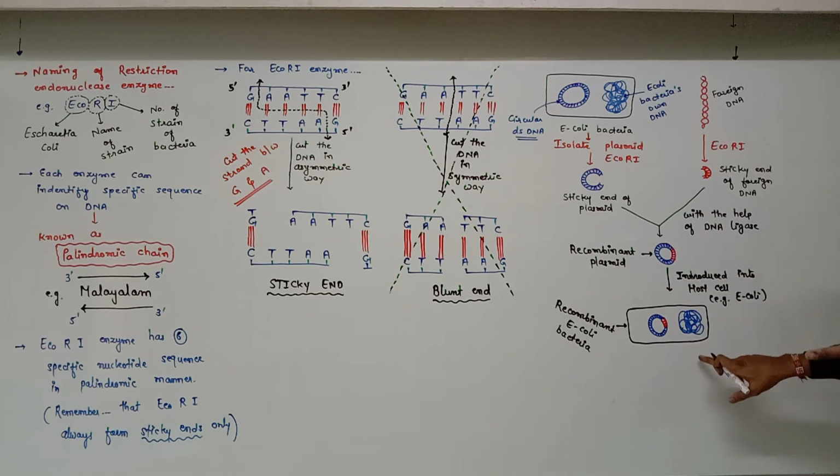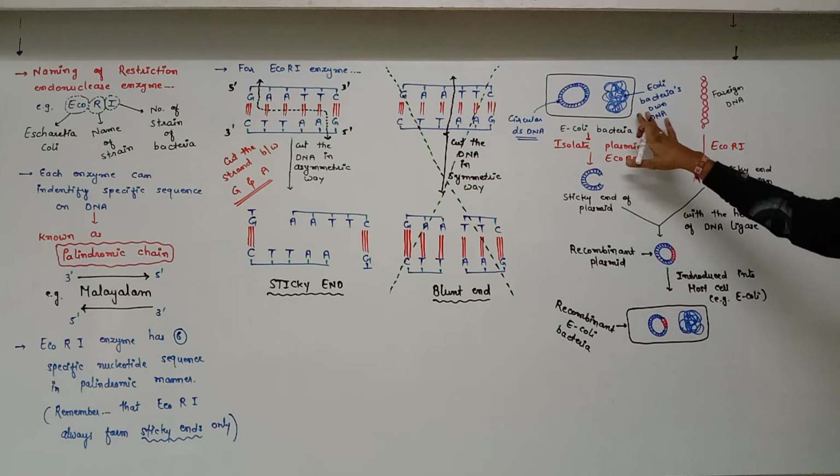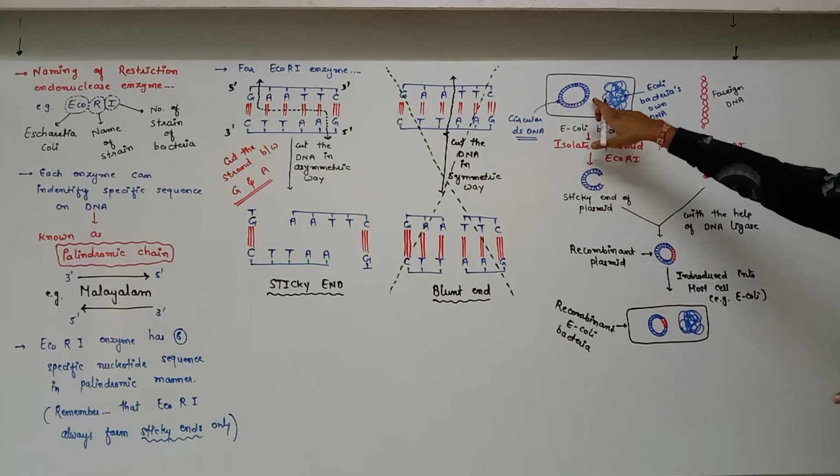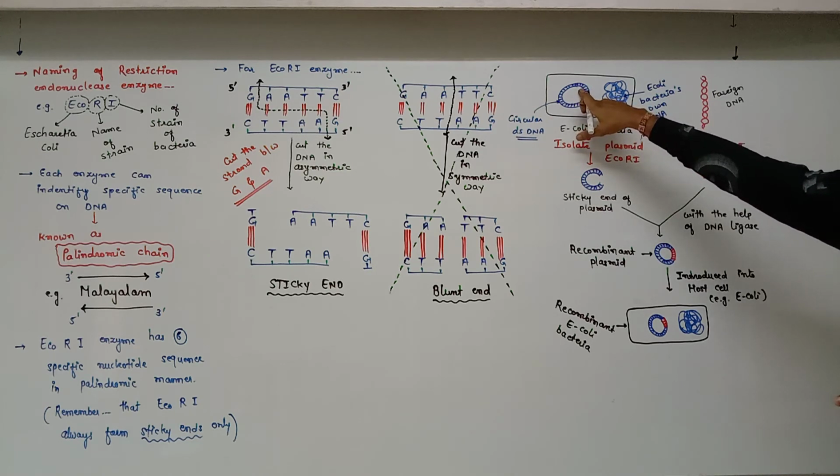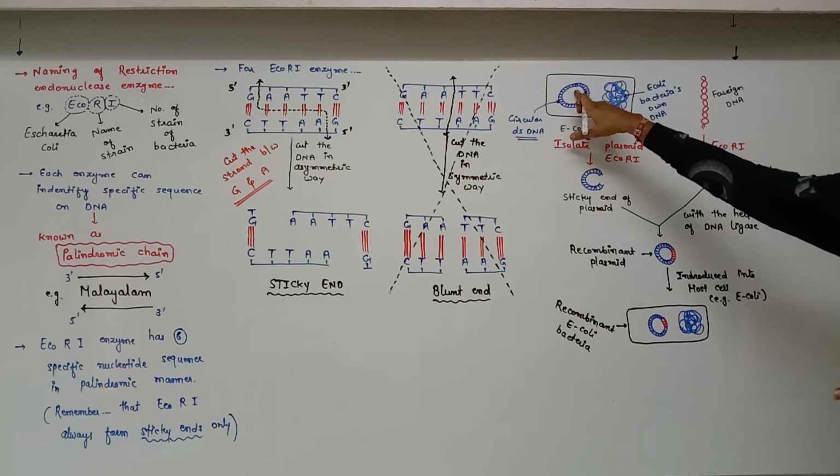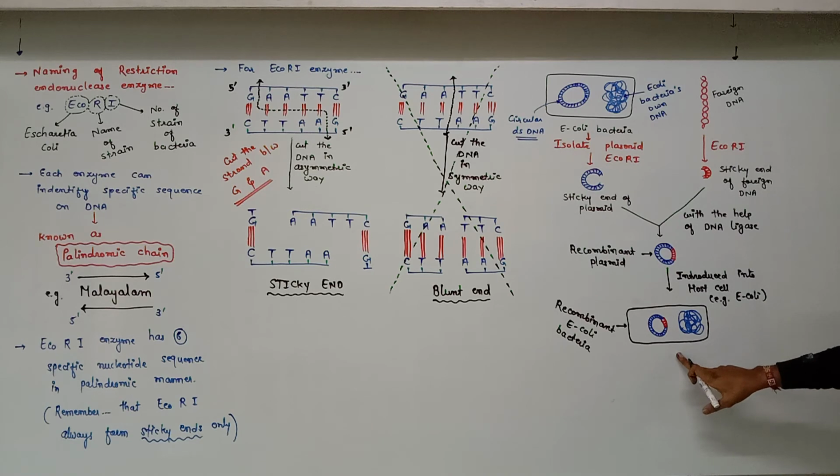It can also be accepted by the host cell, otherwise replication cannot take place. Here, this is the first phenomenon in which we can change the DNA material inside the host cell. Initially E. coli bacteria cannot contain the DNA fragment of the foreign one, but now it contains the foreign DNA. So this is known as recombinant plasmid.